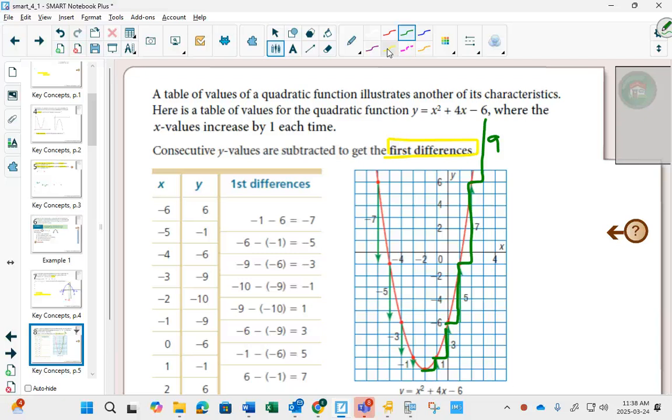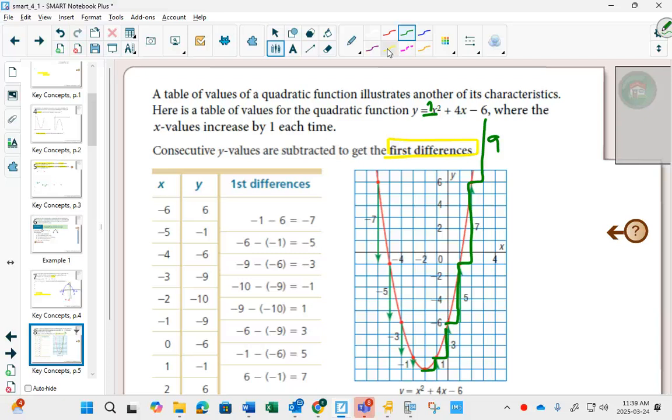I don't know if you noticed, but when I drew the first graphs at the very beginning of today, I was putting dots quickly. I was going over 1, up 1, over 1, up 3. And this is always true if the number in front of your x squared is a 1. If it's a minus 1, you'll go over 1, down 1, over 1, down 3. If the number is something other than a 1, if it's a 2, watch what would happen.